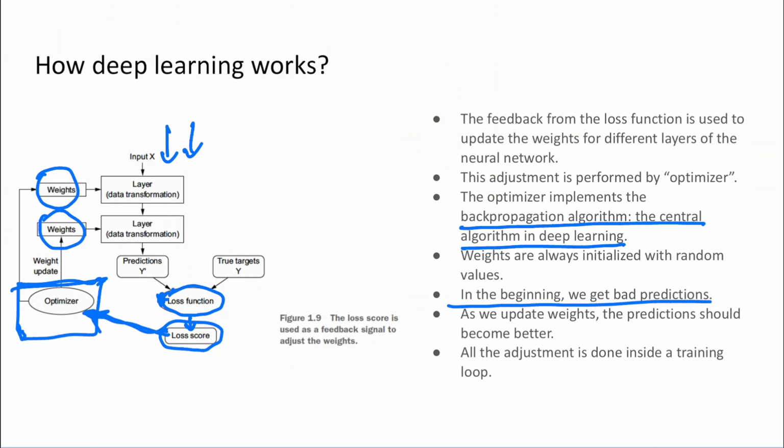In the beginning we get bad predictions because our weights are random. As we update weights, the predictions should become better. All this adjustment is done inside something called a training loop.